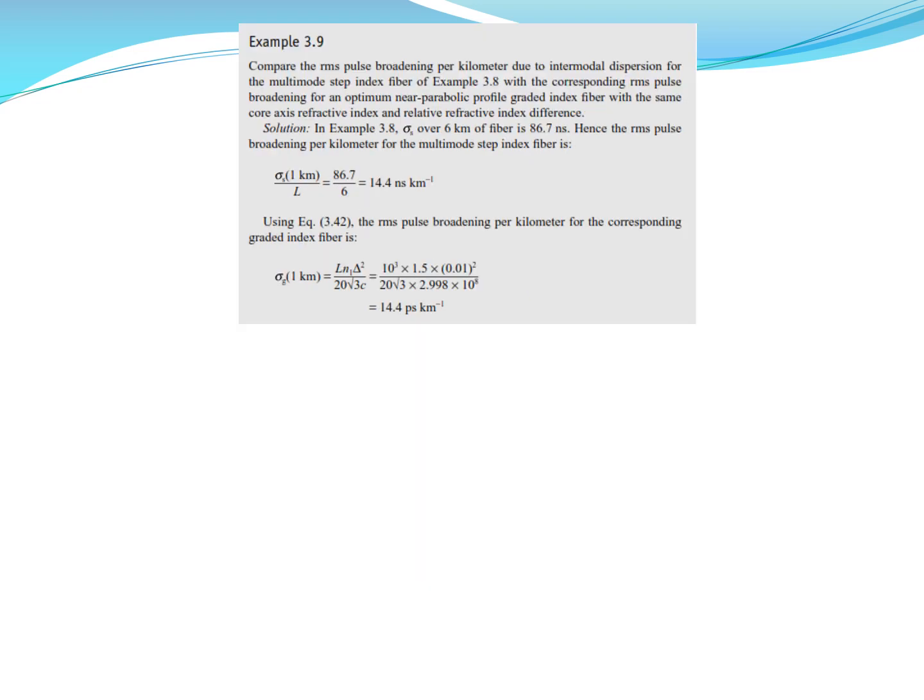Then we have a similar kind of problem where we are supposed to compare the RMS pulse broadening per kilometer due to intermodal dispersion in a multimode step index fiber with the corresponding RMS pulse broadening for a graded index fiber of parabolic profile, with the same data, that is the same core index of 1.5 and relative refractive index difference delta of 1%. Taking all the values from the problem, we find sigma s per kilometer is 14.4 nanoseconds per kilometer.